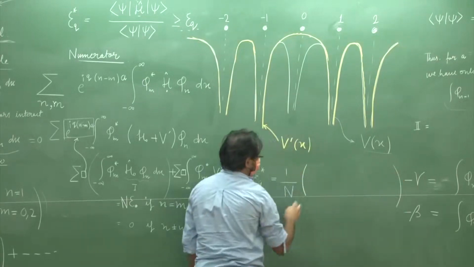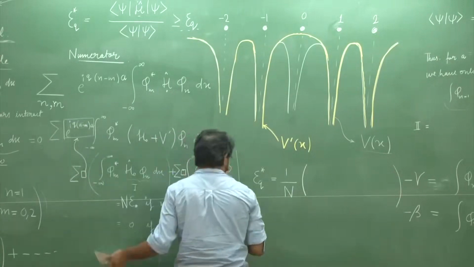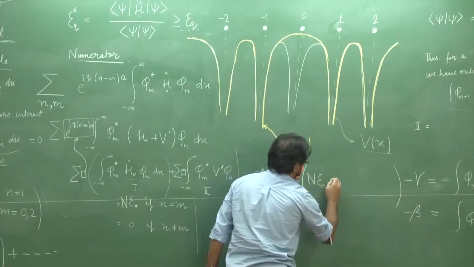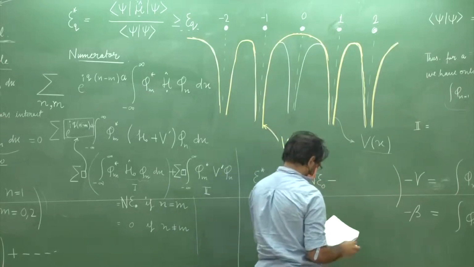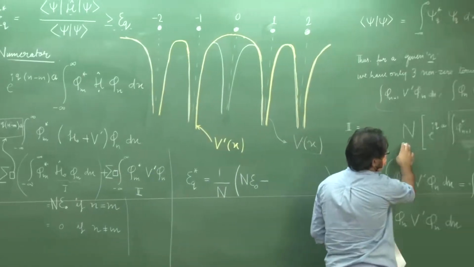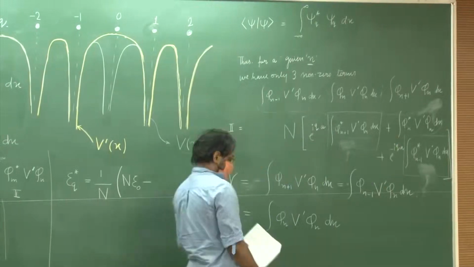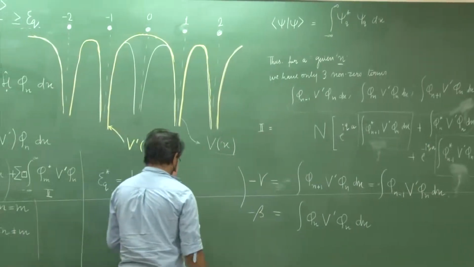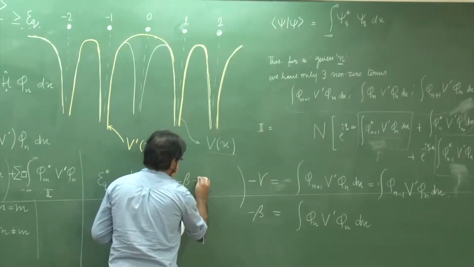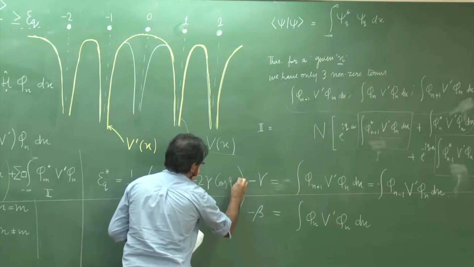In the numerator, the first piece is N times E naught, minus the second piece, which is N times twice cos qa gamma plus beta. So it will be E naught minus beta minus 2 gamma cos qa.